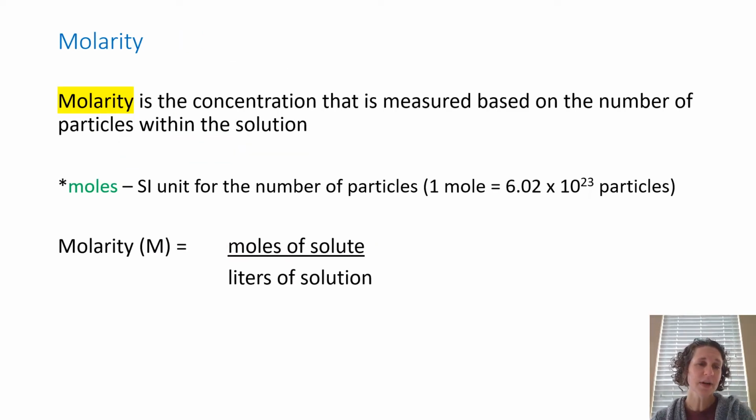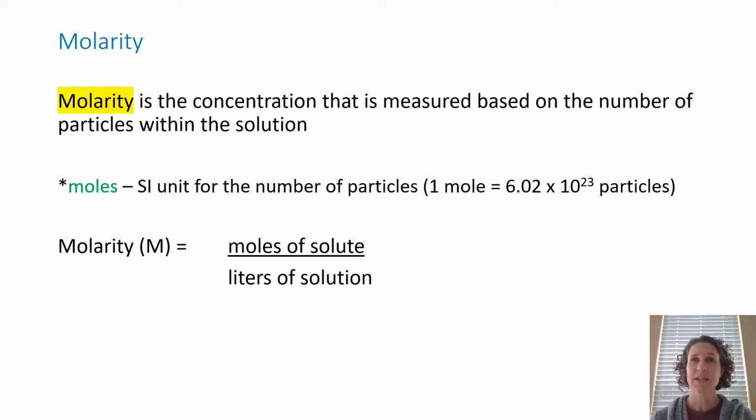Now, another concentration unit that I want you just to have heard, we won't do any of this math because you'll do a lot of it when you take chemistry in a couple of years, is molarity. Molarity is the concentration determined for a solution, and it is based on the number of particles within the solution again.